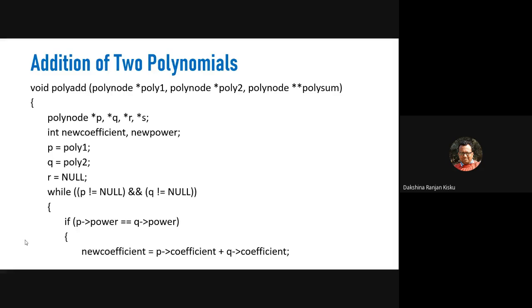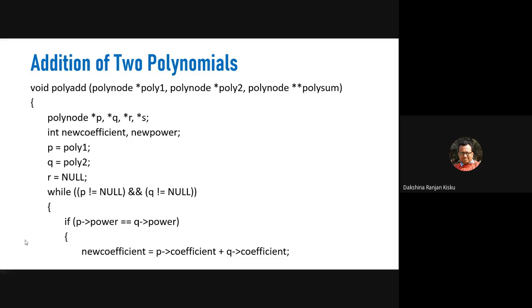Now what we are doing, we are initializing p equals to poly1. That means this first pointer poly1 is assigned to another pointer variable p. And the second pointer, which points to the second linked list constructed on the second polynomial, is assigned to another pointer variable q, and we are making r equals to null.